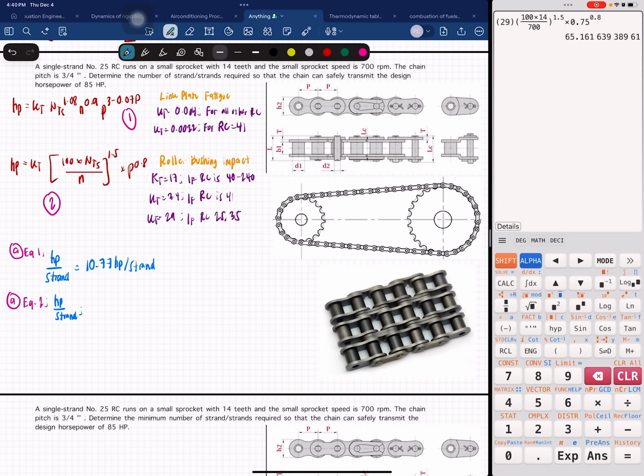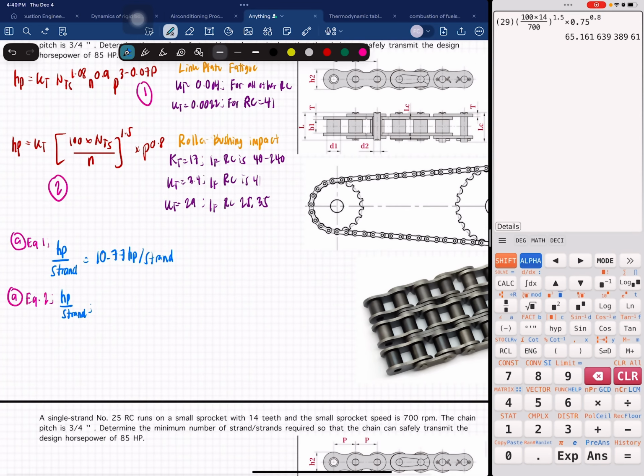Okay, so HP per strand is 65.16 HP per strand.